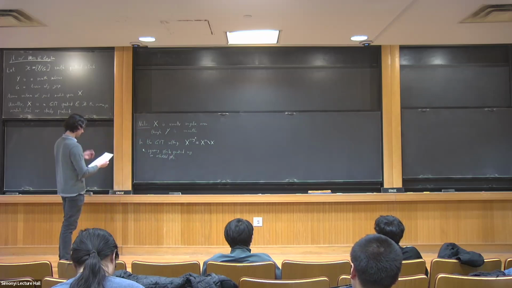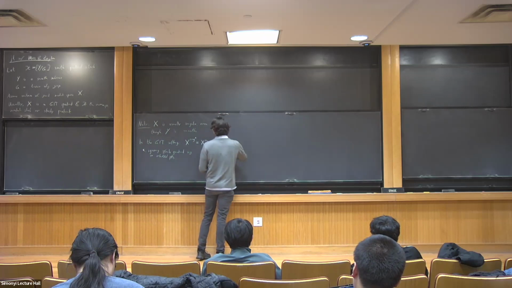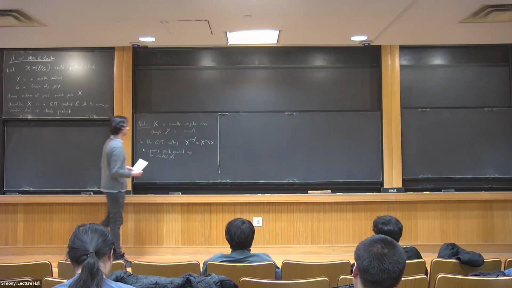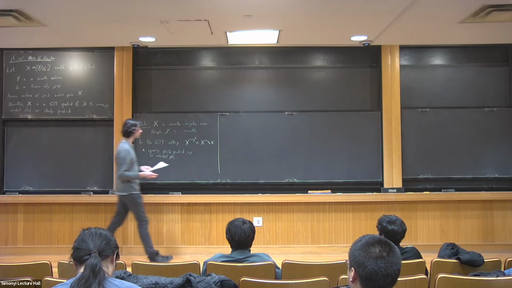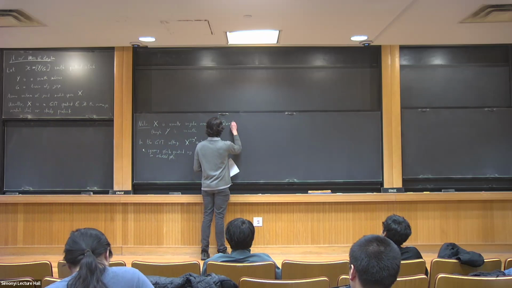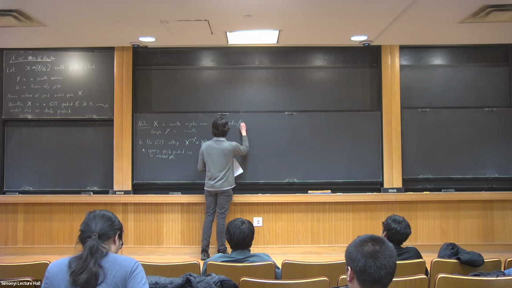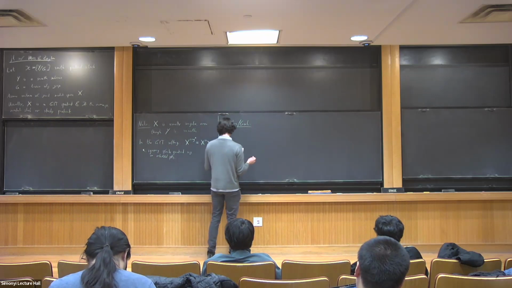All right. And so now the goal, or the question I want to ask is, how can we compute invariants of the singular space in terms of the group action?